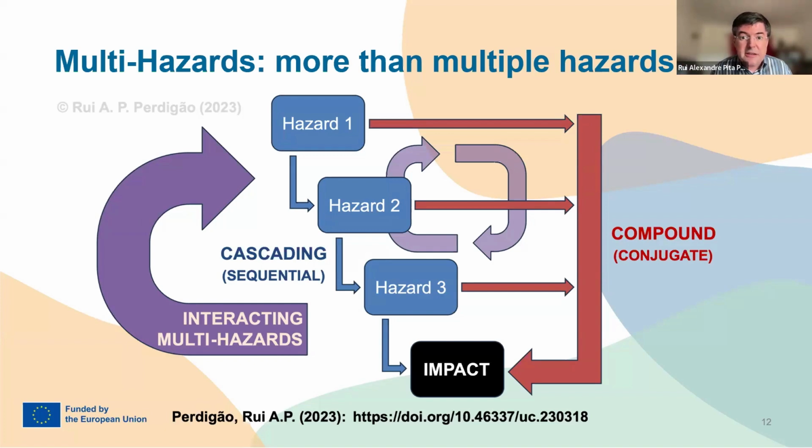For instance, you have a high pressure over a certain area, and then you create a low pressure with the fire, and then it will trigger inversion of the winds, and when everybody's following the Met Office directions about the wind and fire propagation, it's all inverting. This is something that in Portugal killed many people in 2017, and in 2022 it also gave a lot of trouble. So this is an interactive multi-hazard where instead of just a cascade or a compound, you have a reversal of the causal chain.